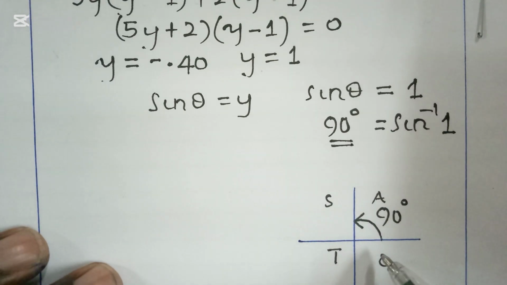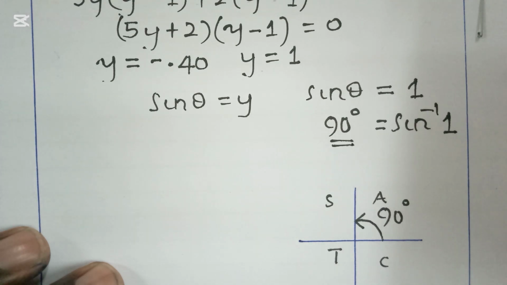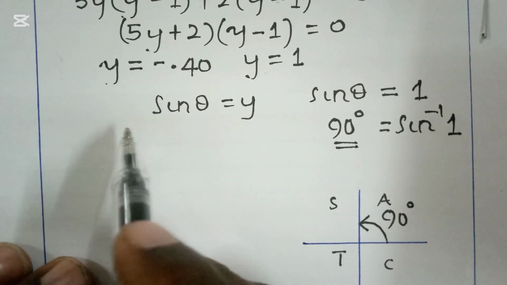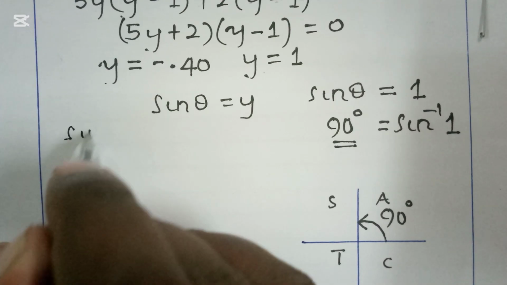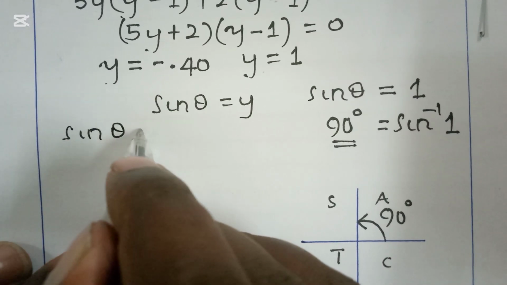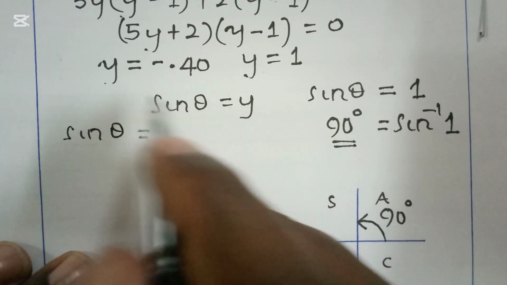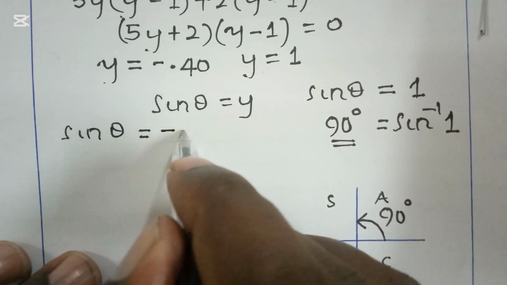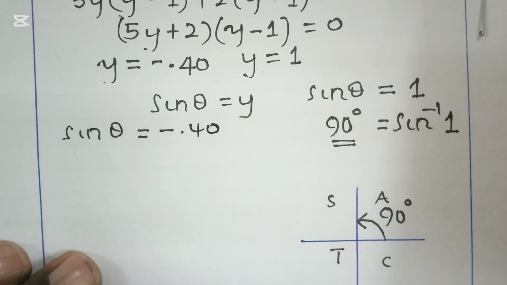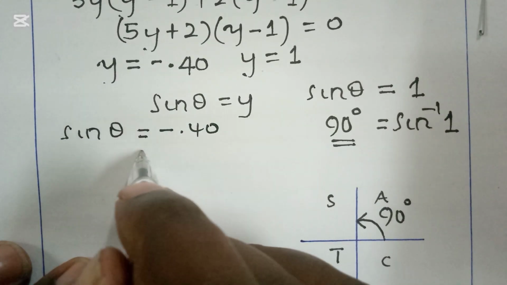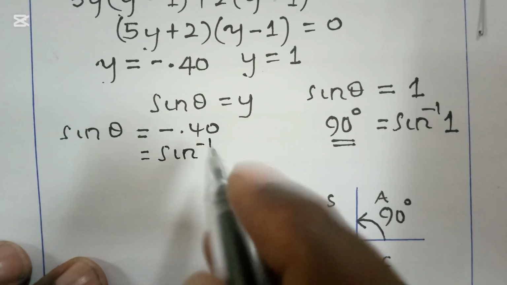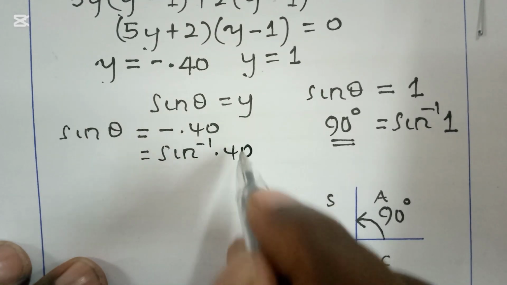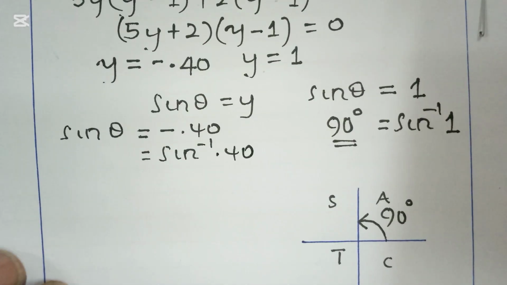And so therefore, guys, we continue. On this other side, we are going to have sine theta being equal to negative 0.40. So we can say sine inverse 0.40, and we can look for that from the calculator.